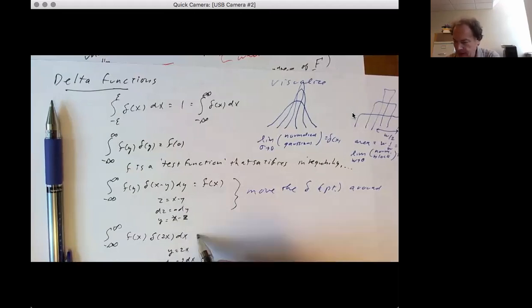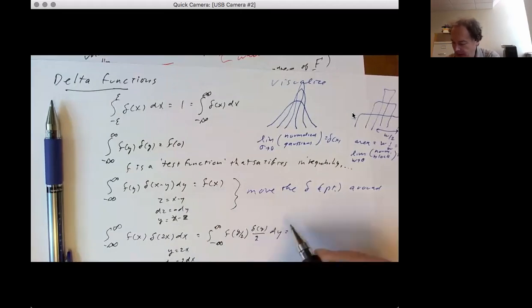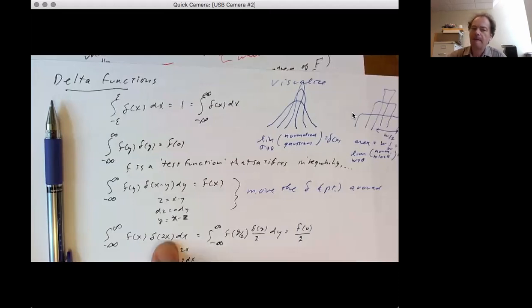We plug that in, we have the integral from minus infinity to infinity of f of y over 2 delta of y, over 2 dy. And if we evaluate that in the normal way, we get f of 0 over 2. So if you just said, oh, I'll set that thing equal to f of 0, wrong. It's scale. Yeah, this is like an axis scale.